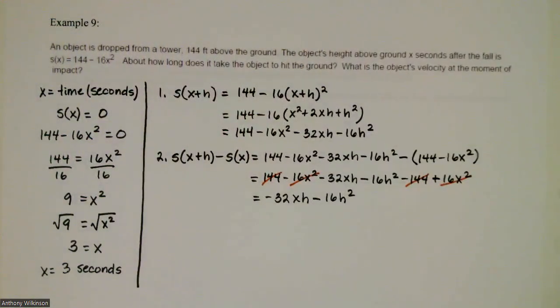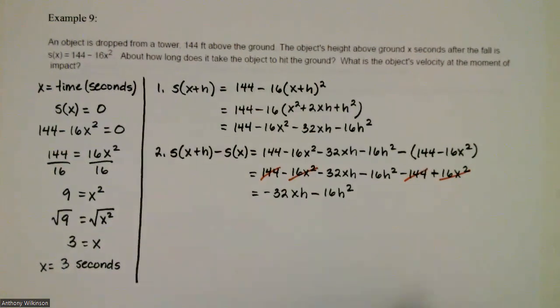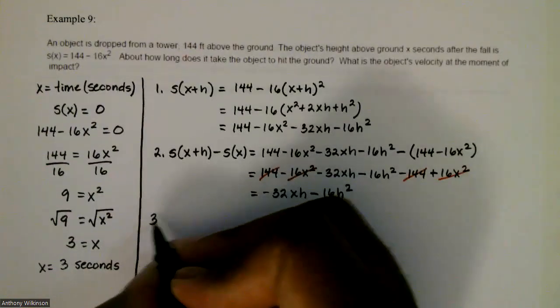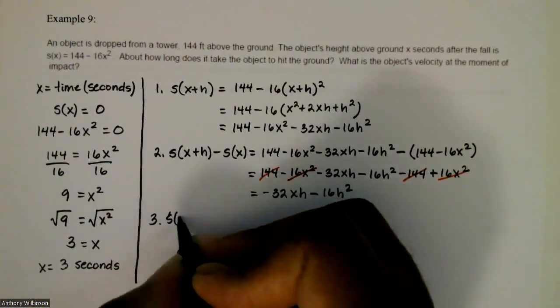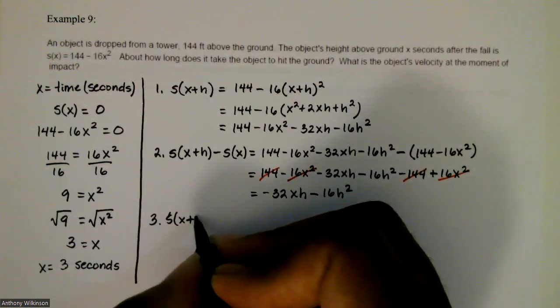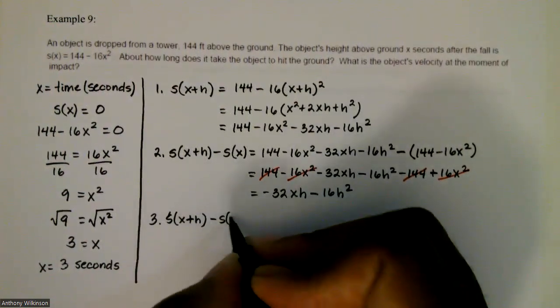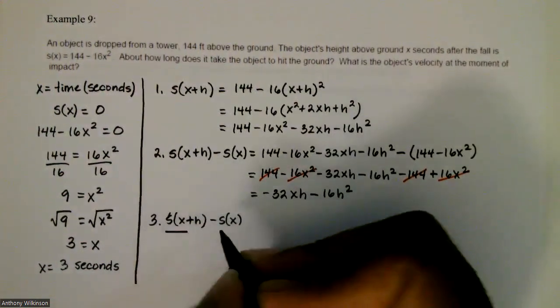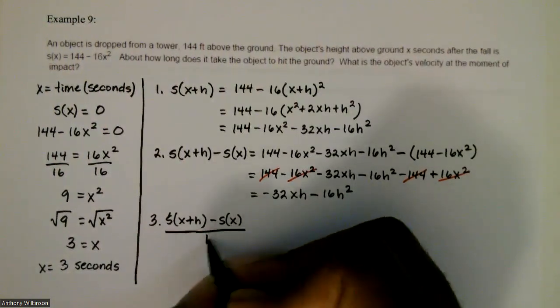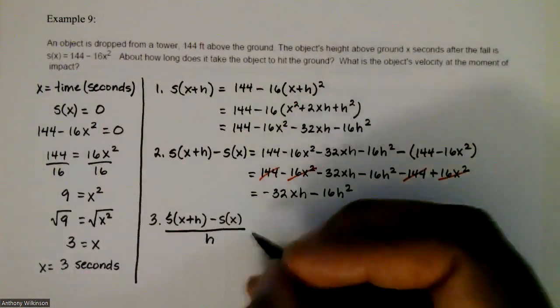So that right there is step number 2. And then step number 3, we're going to divide by h. We'll take this and divide that by h.